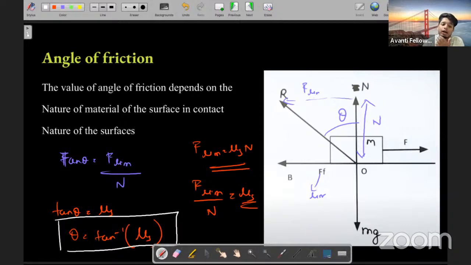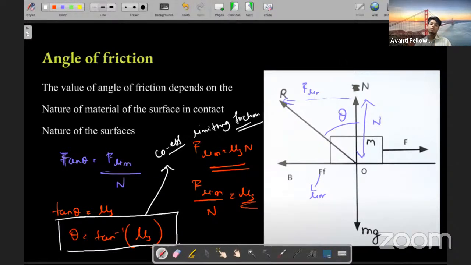So angle of friction is tan inverse of what? Coefficient of limiting friction. Yes or no, students? Let me know.